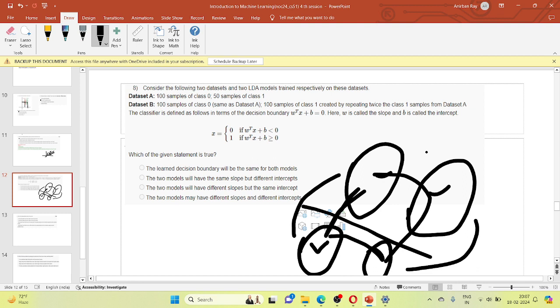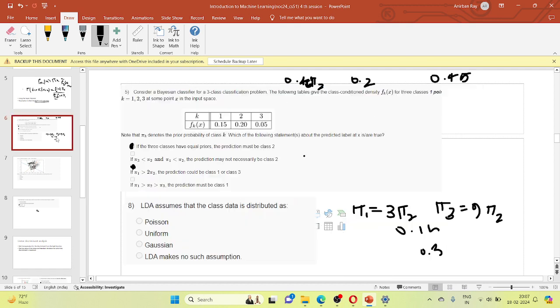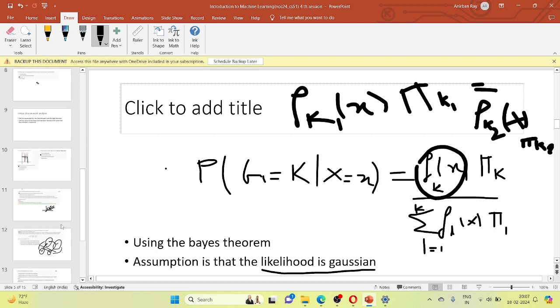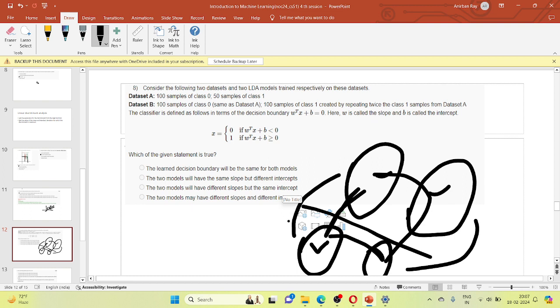And now what we have got is that the likelihood must be the same. So let's go back to this. The f(x) means, for these two, the likelihood of these two will be the same and different from this one.